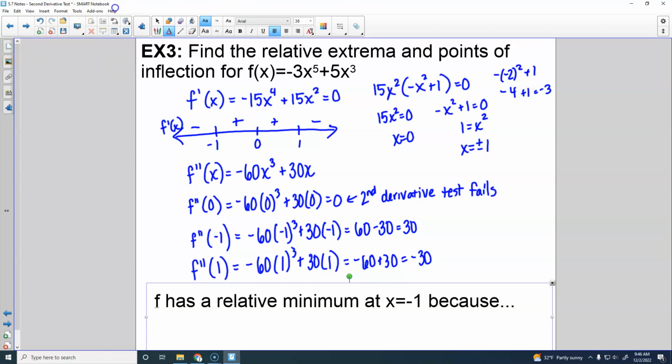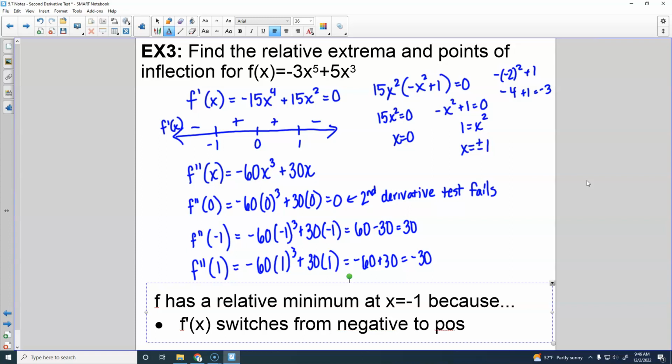You could say f prime of x switches from negative to positive. So that would be the first derivative test.